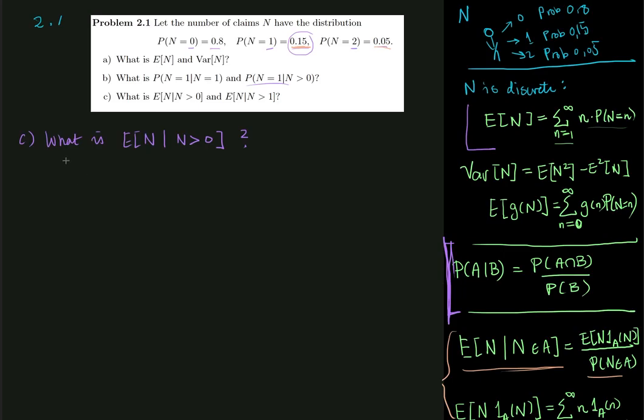In part B of the exercise, we figured out that the probability that n is equal to 1, given n greater than 0, well, this probability is equal to, what was it equal to? It was equal to 3/4.